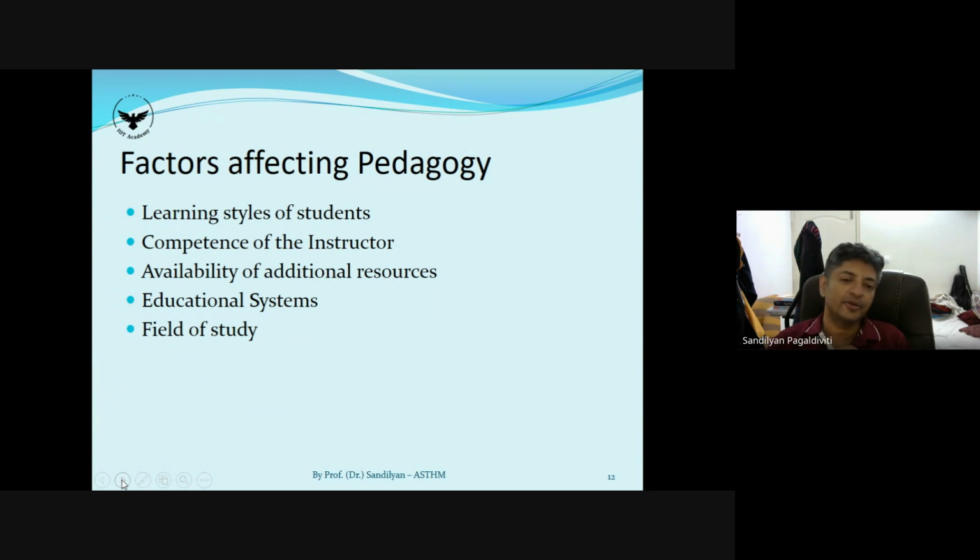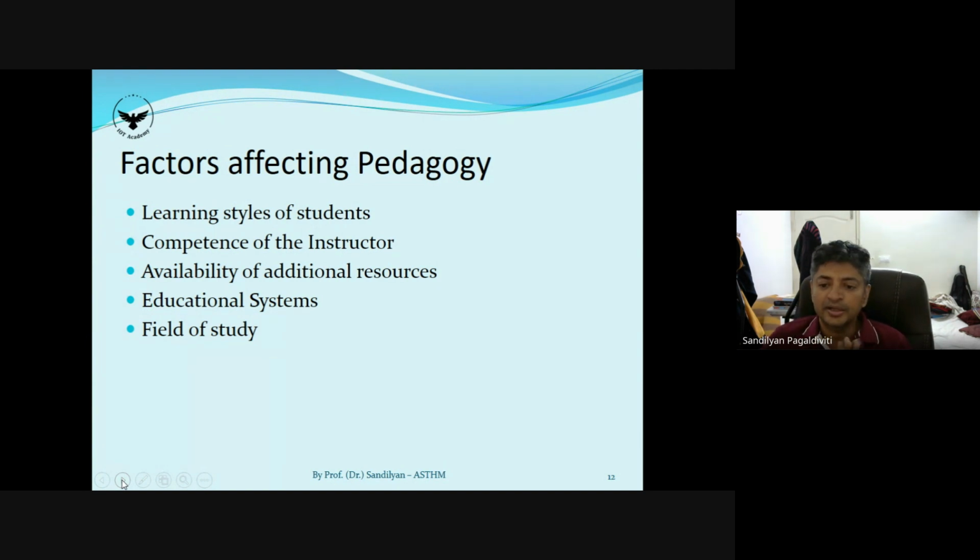Secondly, the competence of the instructor. How confident or how competent you are in your subject, how much passion you have, and how focused you are in transferring knowledge. Obviously, the availability of resources also makes a difference.